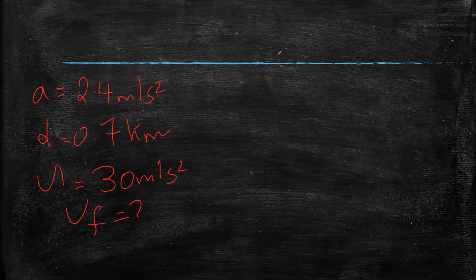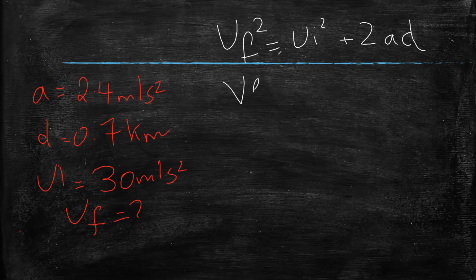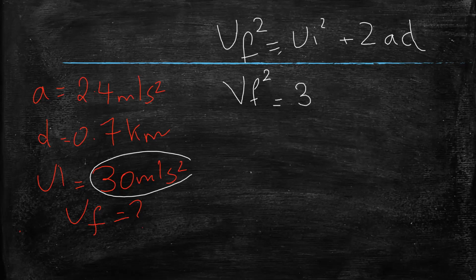We can say V final squared is equal to V initial squared plus 2ad. I will use this one. Keep it as V final squared equals V initial squared, which is 30 squared, plus 2 times the acceleration, 2.4, times the distance. Look at the units here: 0.7 kilometer.